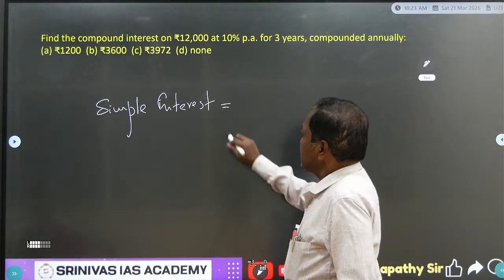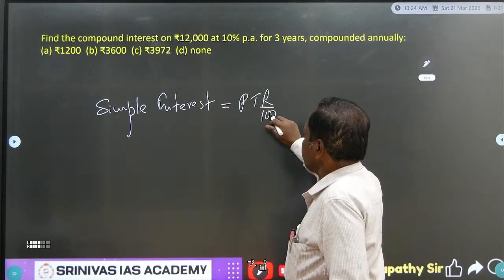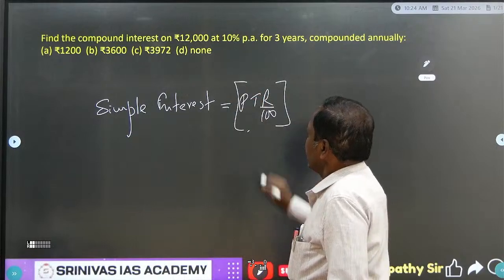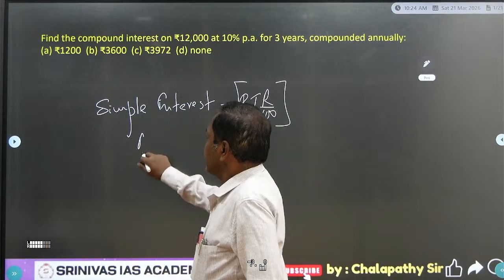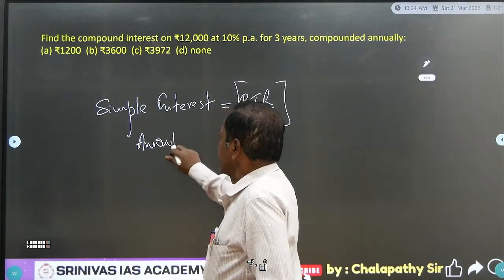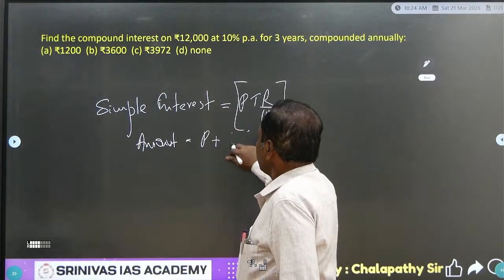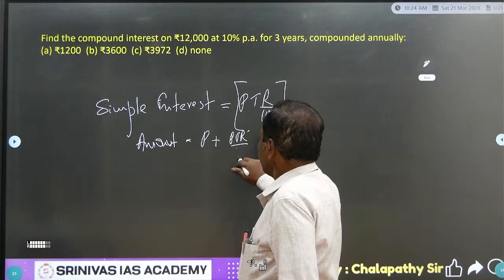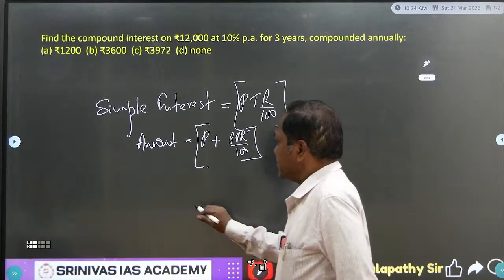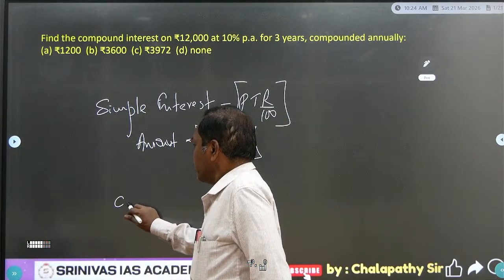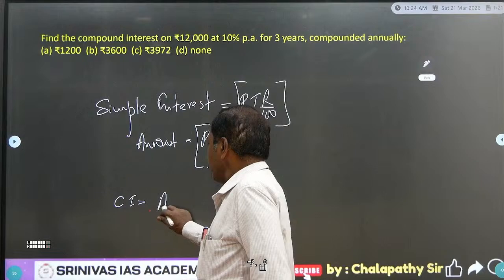To find simple interest, straight away we can calculate PTR by 100, where R is the rate percent. To know the amount in simple interest, we take principal plus interest, that is PTR by 100, and you get the amount. In compound interest, you get the amount straight away.